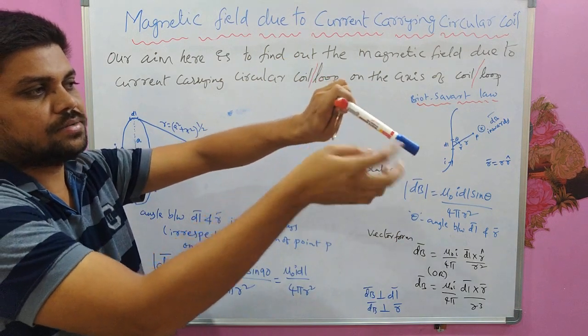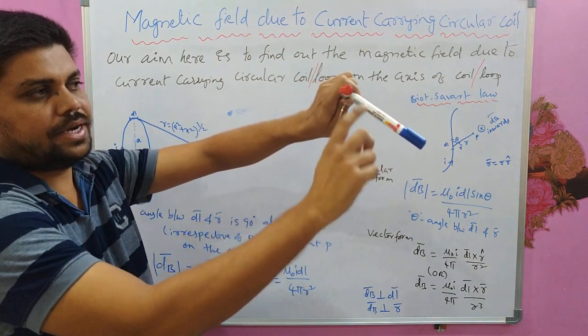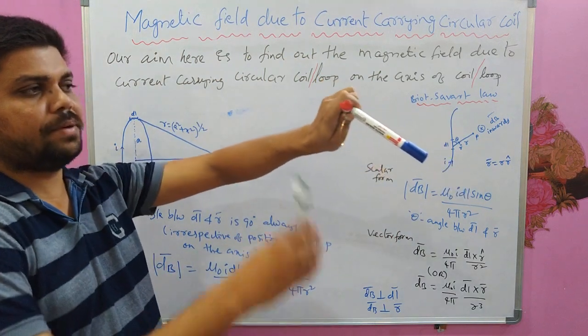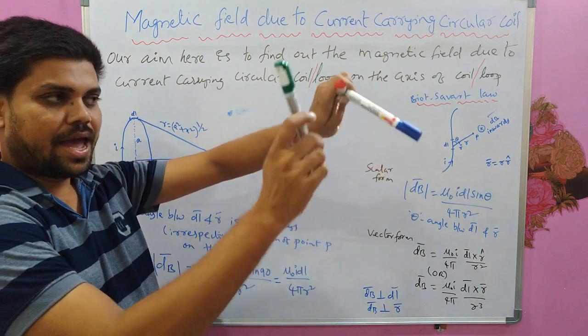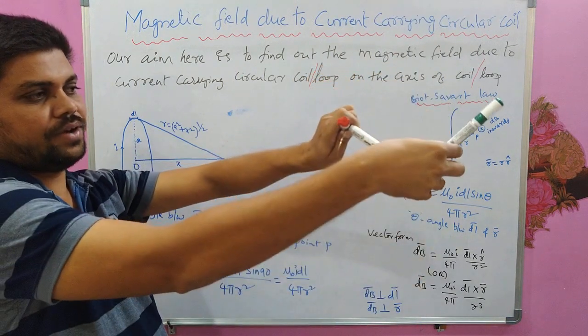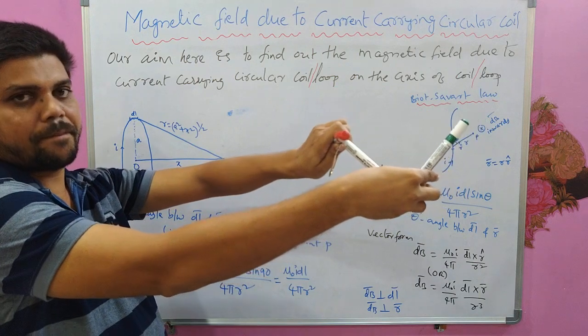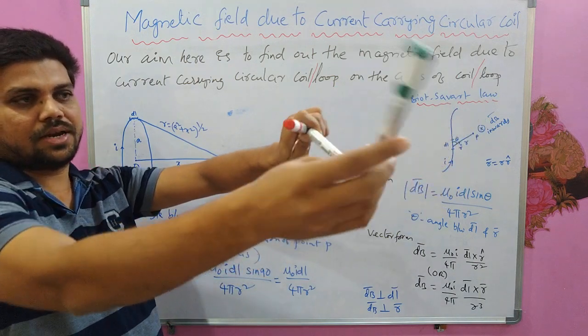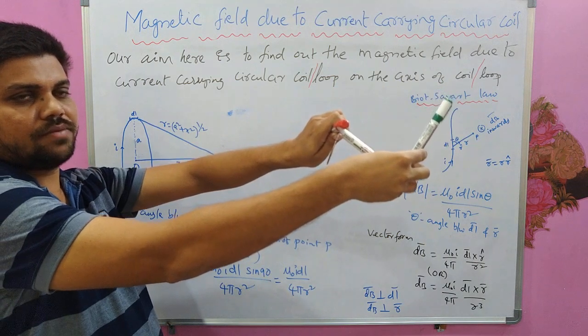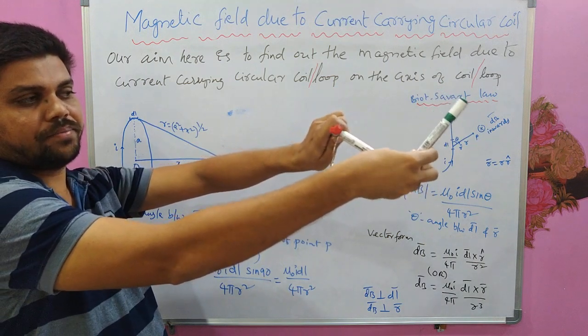This is R, 90 degrees between them, and the magnetic field should be perpendicular to DL as well as R. So the magnetic field is now in this way. This green marker pen is the direction of the magnetic field at point P.